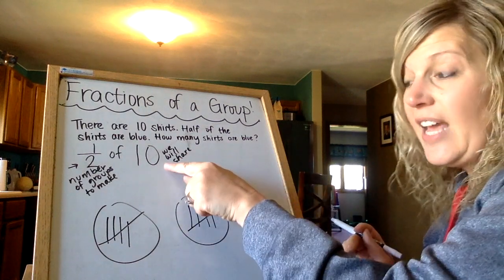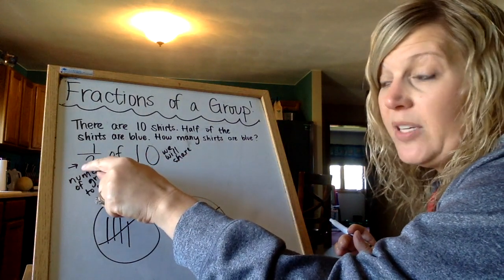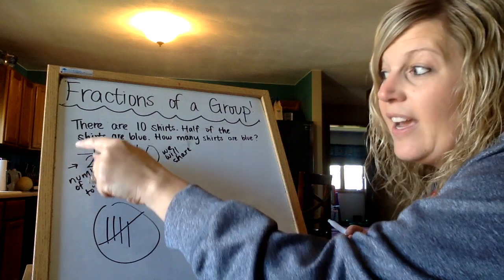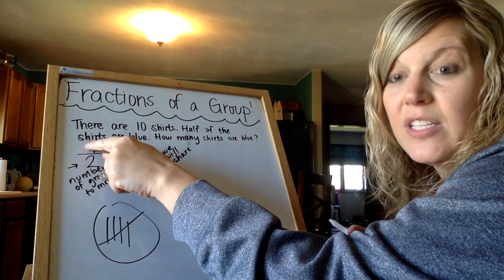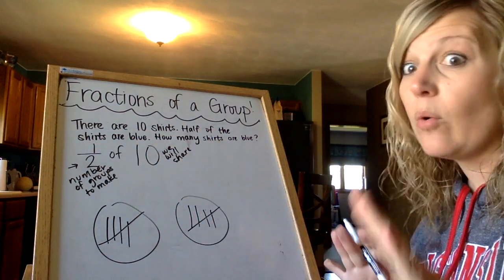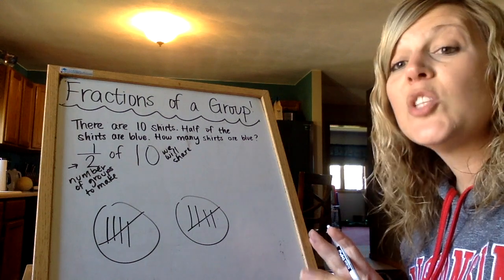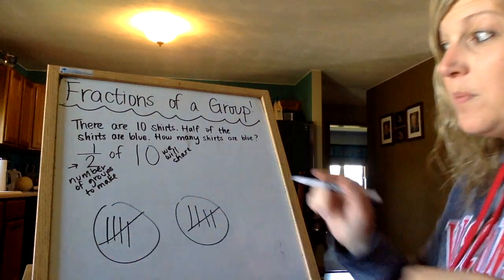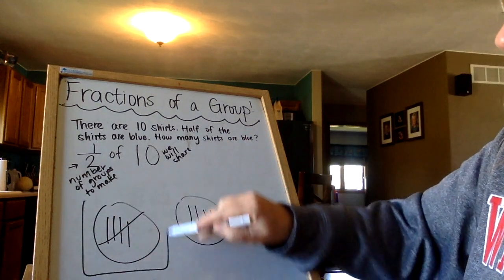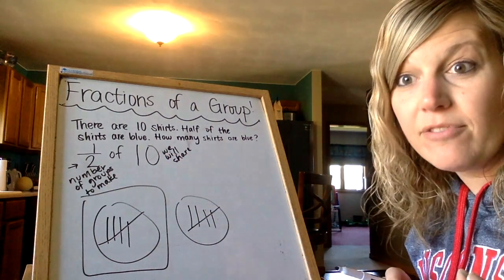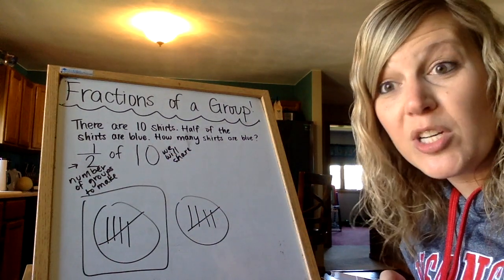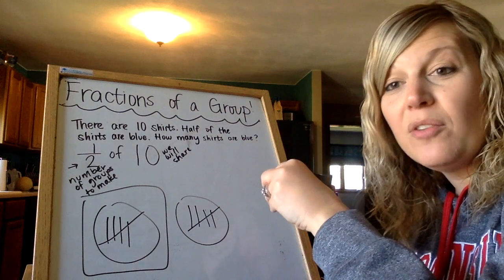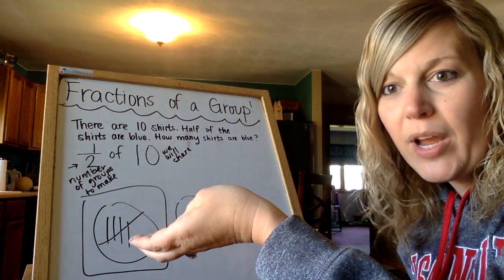So I took 10 things, I shared it between 2 groups, and this number tells me how many groups I need to look at. And that number for today is always just going to stay 1. So 1/2 of 10 is 5. And I know you already knew that, but I wanted to show you how to solve something that you could probably get right away.